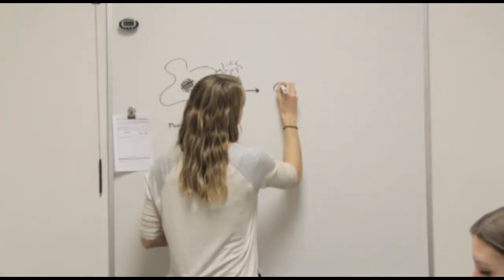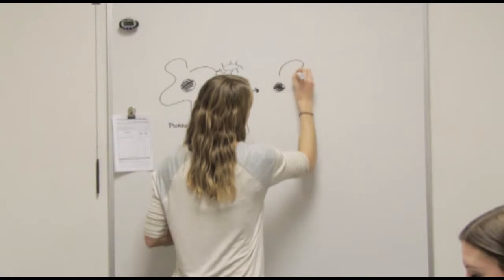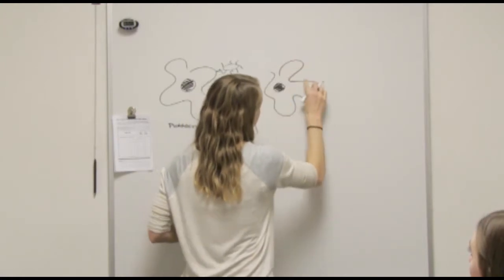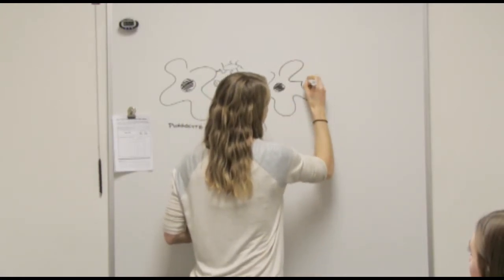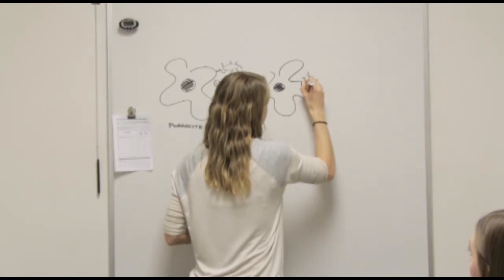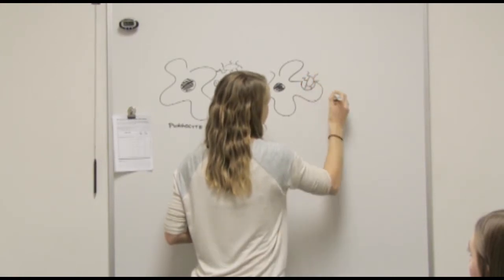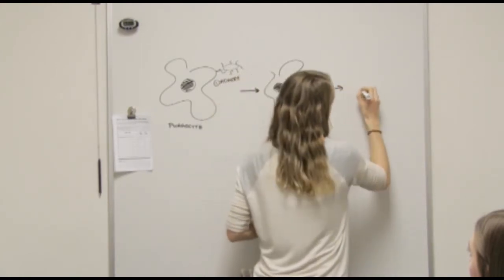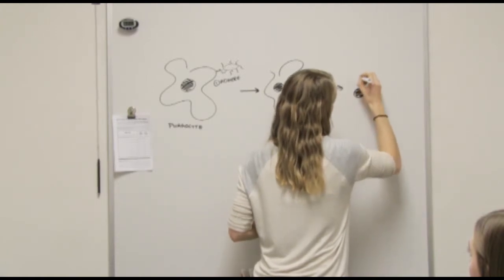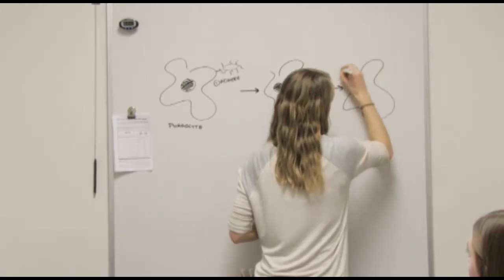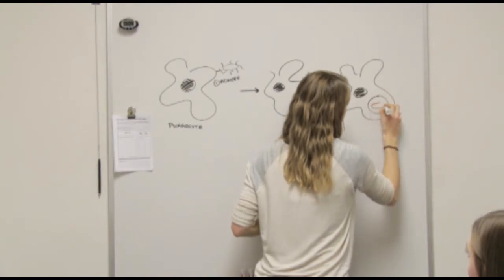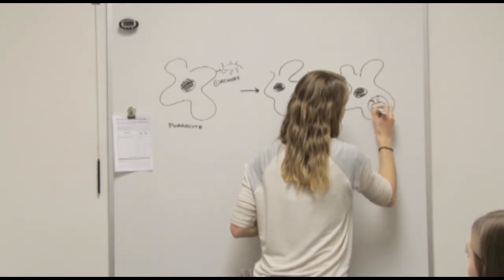Then the phagocyte is going to phagocytize or engulf the microbe. And when it first engulfs the microbe, does anyone remember what this little bubble is called?